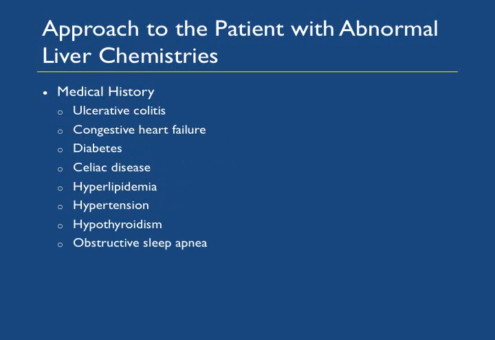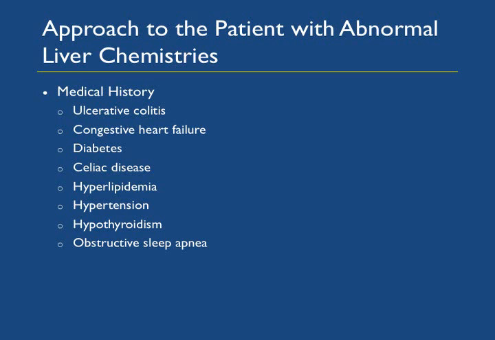A medical history is also very important to the approach to the patient with abnormal liver chemistries. Ulcerative colitis puts patients at risk for the development of primary sclerosing cholangitis. 70% of patients with primary sclerosing cholangitis have underlying ulcerative colitis, and approximately 7% of patients with ulcerative colitis will eventually develop primary sclerosing cholangitis.